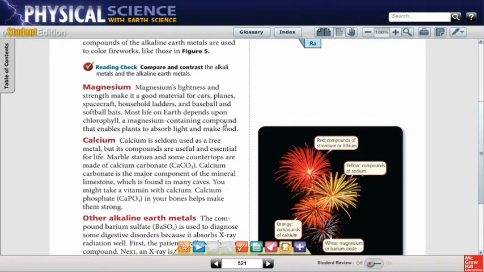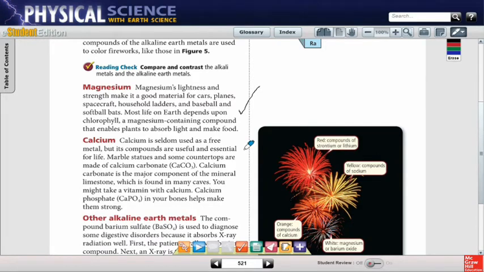Most life on Earth depends upon chlorophyll, a magnesium-containing compound that enables plants to absorb light and make food. So if you want to put down some uses, this book tells you right there.